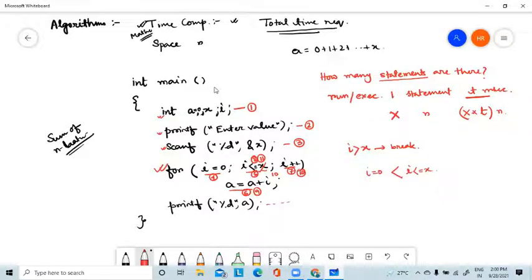Now you can easily understand why. Because here we have to call the ALU. ALU actually performs this operation. But in this operation, since this is only an initialization, there is no requirement of the ALU. Okay, so that's why the time depends on each and every statement.